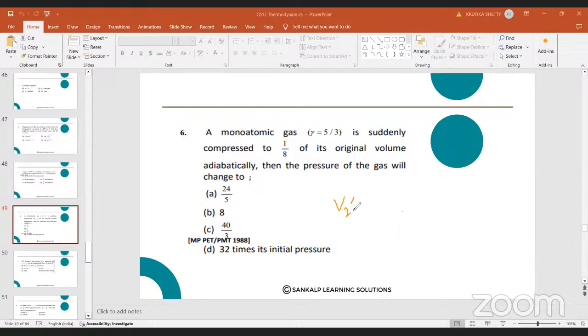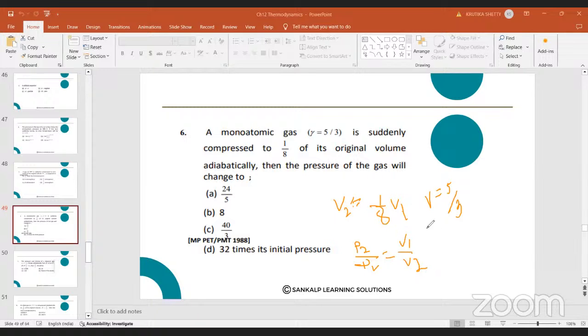So your V2 is what? Your V2 is 1 upon 8 times your V1, and gamma is given as 5 divided by 3. So therefore, P2 divided by P1 is equal to V1 by V2 raised to gamma.